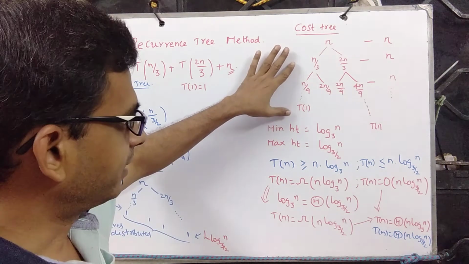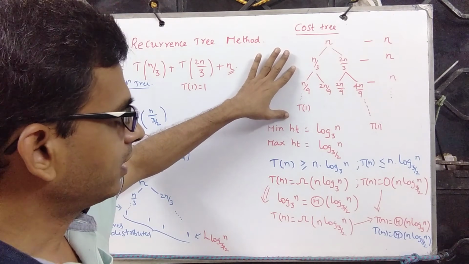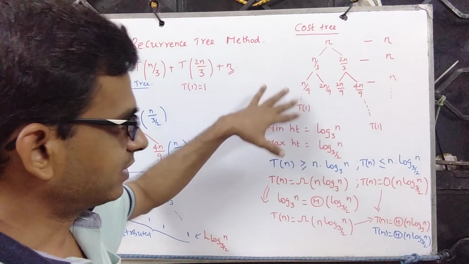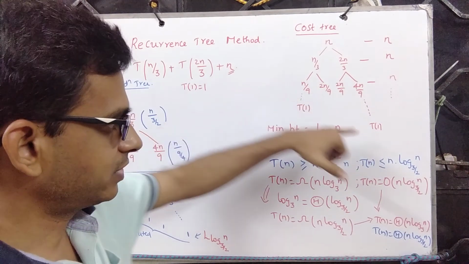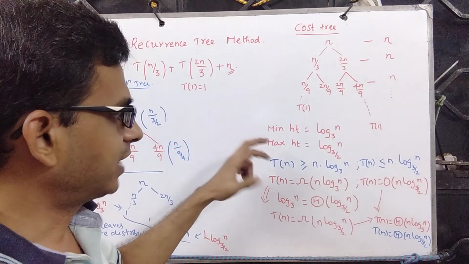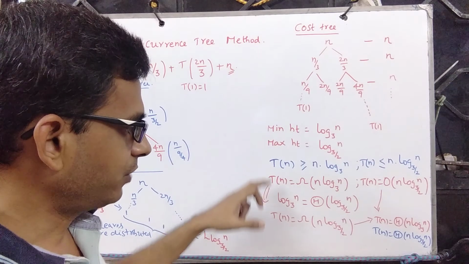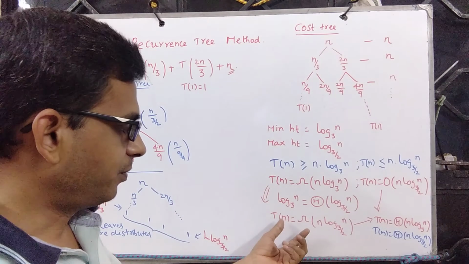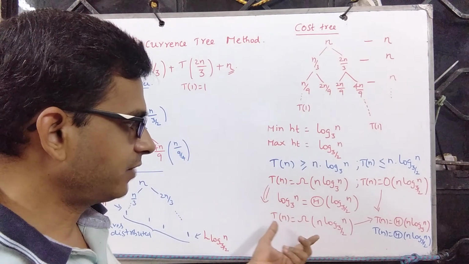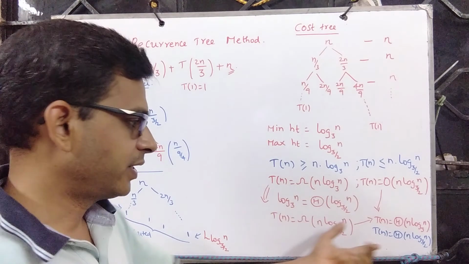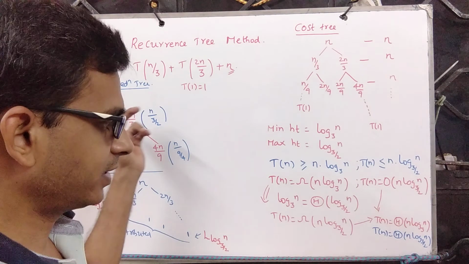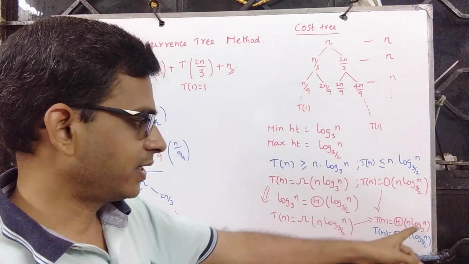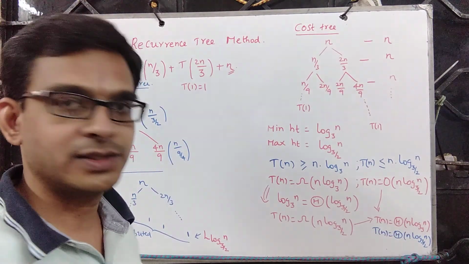But if you look at the underlying tree, the leaves are distributed. That's very important. So we are seeing what is the minimum height of the tree, what is the maximum height of the tree. With that, we are finding a lower bound and an upper bound, and with the help of asymptotic analysis, we were able to combine these two and get a tight bound. So solution to this recurrence relation is both are correct, n log n base 3 or n log n base 3 by 2.